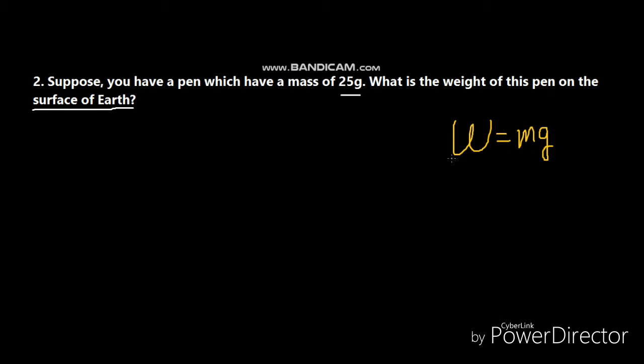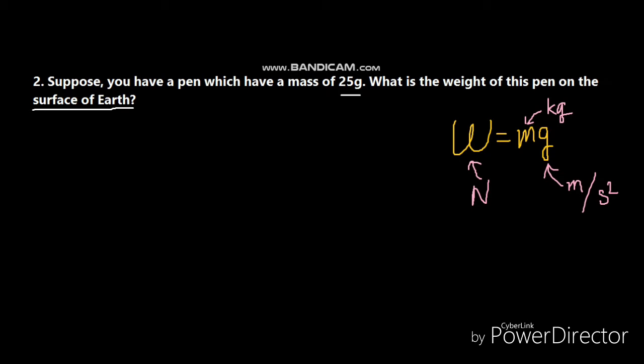So here the weight has a unit of Newton, and the m has a unit of kilogram, not gram, and the g has a unit of meter per second square. That means the unit of acceleration. And from here we know that we need the unit kilogram to use this equation.